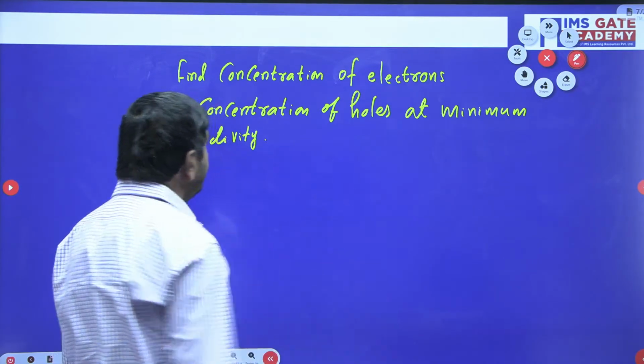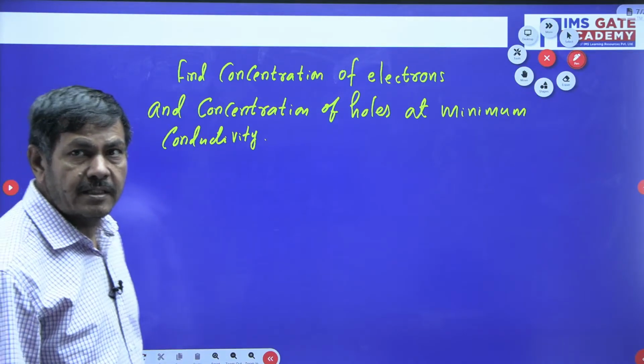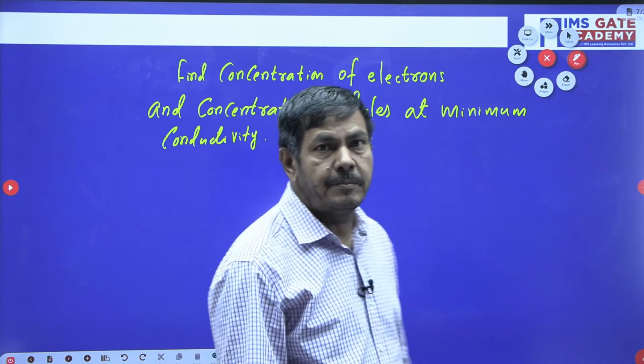I am giving it now: find the concentration of electrons and concentration of holes at minimum conductivity.